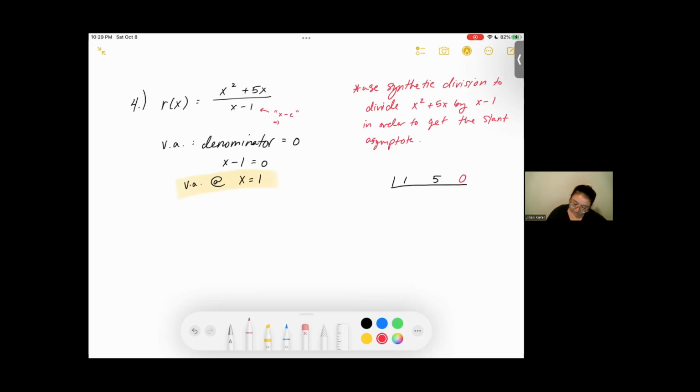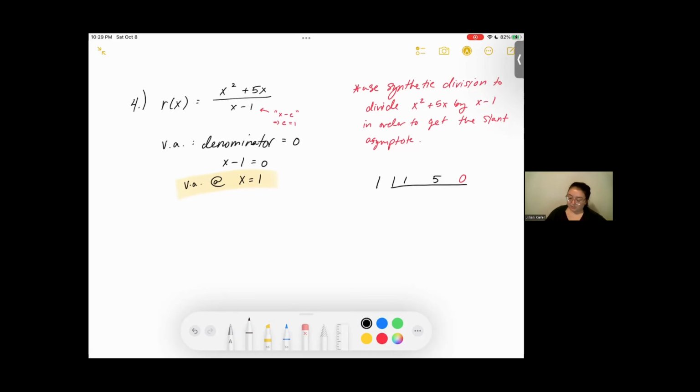So in this case, c for us is positive 1. Remember, you could also set that statement equal to 0 and solve for x, which is the value of the vertical asymptote. That's what happens when you set your denominator equal to 0 and you solve for x. So c is 1.